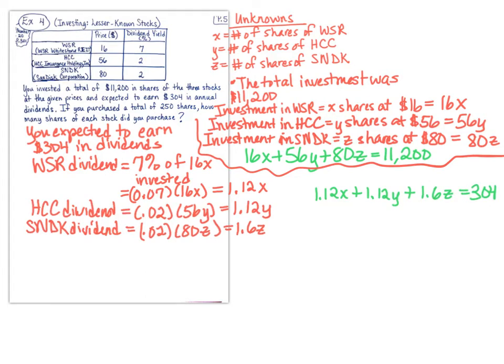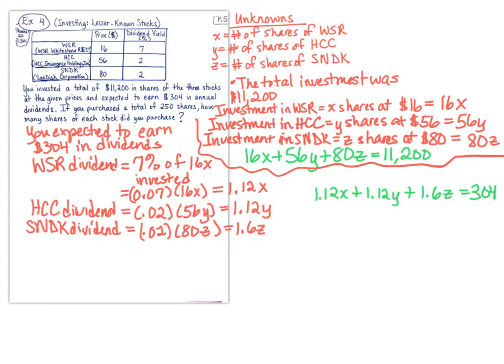Very good. Okay? And then we have one more equation. We have not taken into account this part. If you purchased a total of 250 shares, the question is how many shares of each stock did you purchase? What does this phrase mean here? You purchased a total of 250 shares. Go ahead.